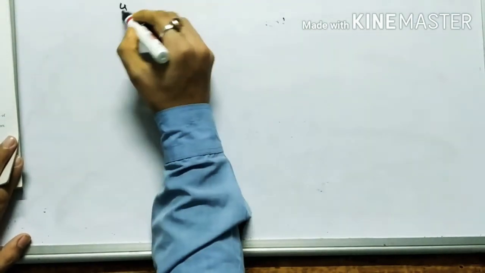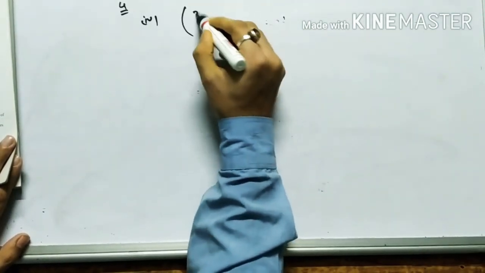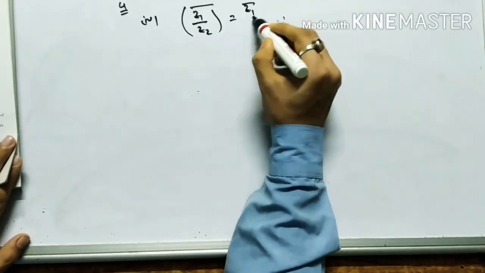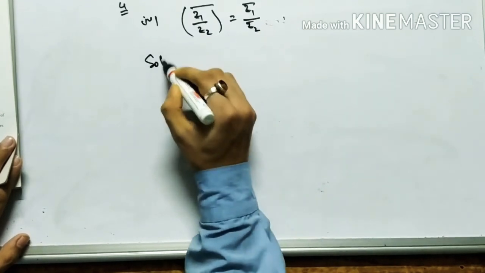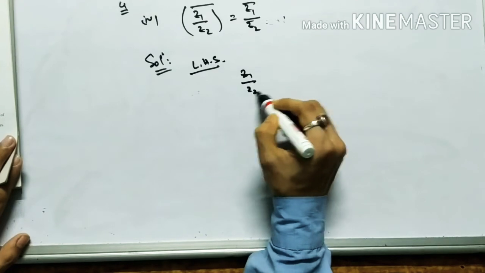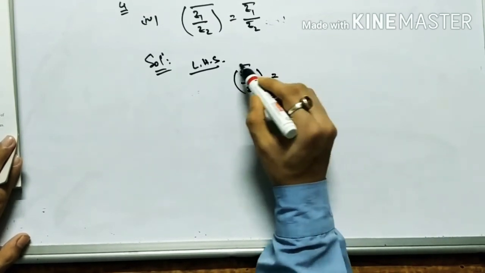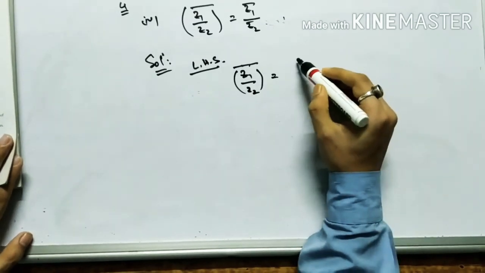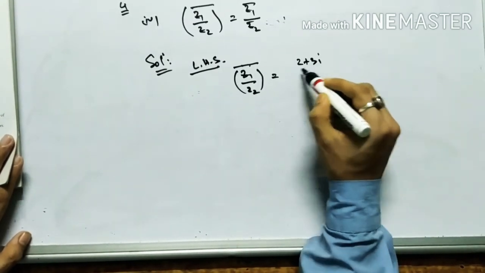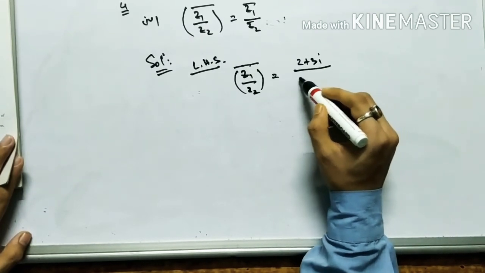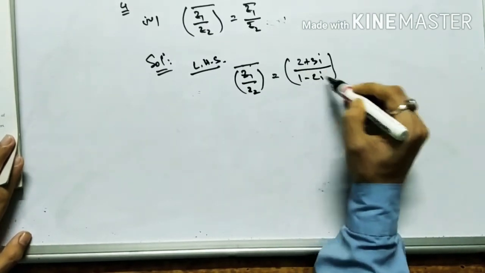Rest, type 4 number 4 I am doing. You see (z1 by z2) the whole bar is equal to z1 bar by z2 bar. First of all I will take the LHS, (z1 by z2) the whole bar, which is equal to ((2 plus 3i) by (1 minus 2i)) the whole bar.